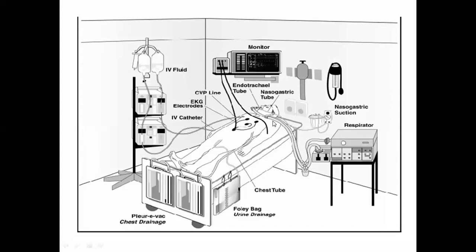These respiratory pipes are connected to the endotracheal tube and nasogastric tube. Okay, and similarly we have nasogastric suction. Here this is the nasogastric suction. Okay, and also we have here the monitor.